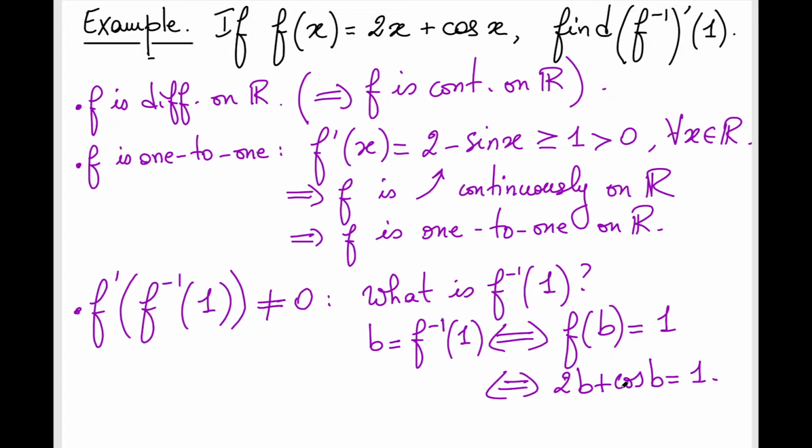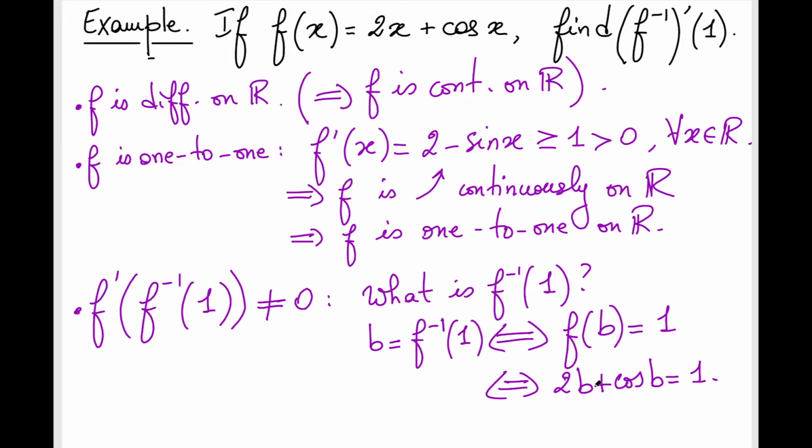Once you find one, that's the only one by the one-to-one property. That value 1 is not shared by multiple inputs.